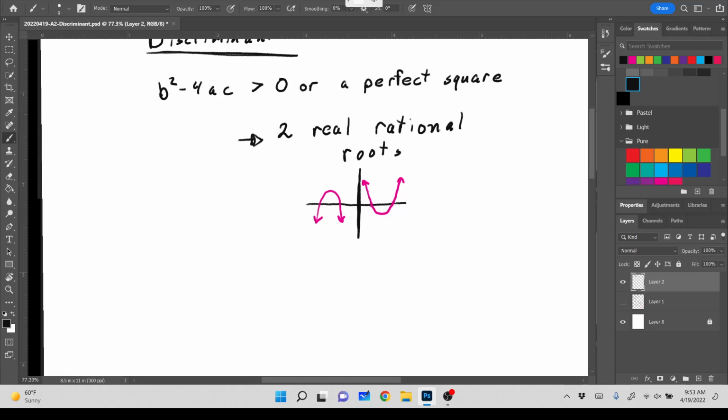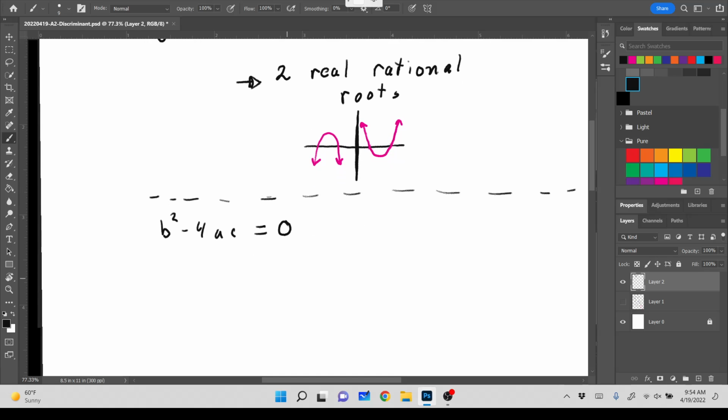Okay, so there are two other cases, of course, which we've already kind of talked about. This is just a way to algebraically discover these. If the discriminant, so b squared minus 4ac, is equal to 0, then the function has one real rational root.